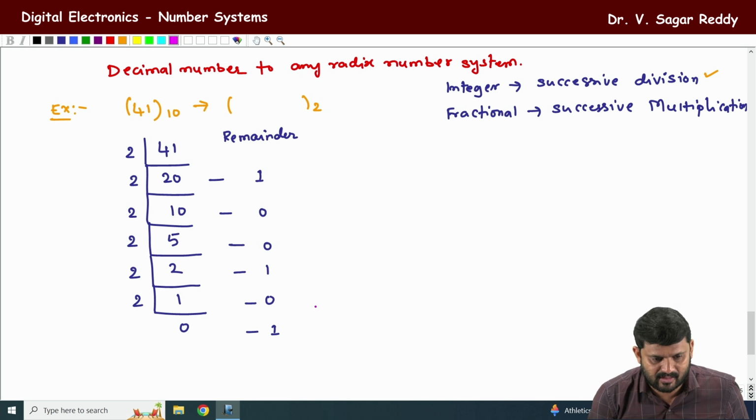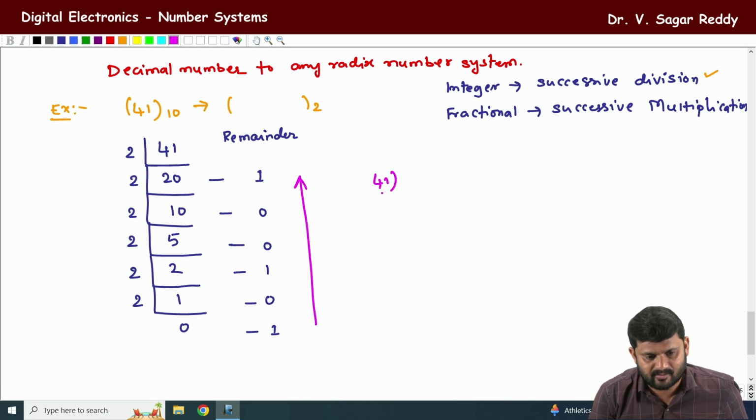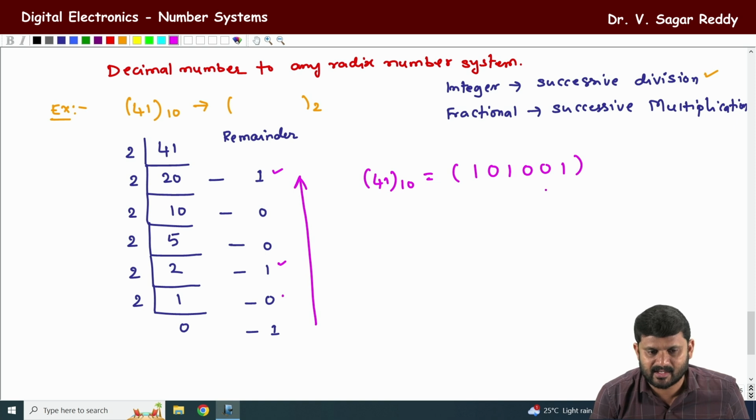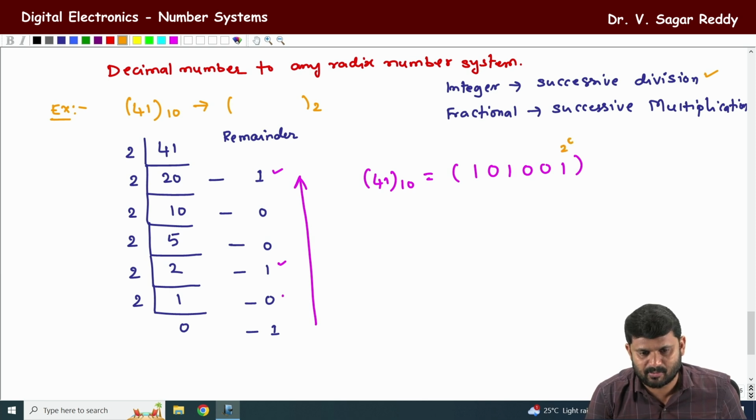But we'll write the remainders from bottom to top. Now this is 41 in decimal. The binary equivalent, written from bottom to top, is 1 0 1 0 0 1. This is the binary equivalent for the given decimal number. We'll check whether it is correct or not. What is the weight associated with each bit? 2 power of 0, 2 power of 1, 2 power of 2, 2 power of 3, 2 power of 4, 2 power of 5.